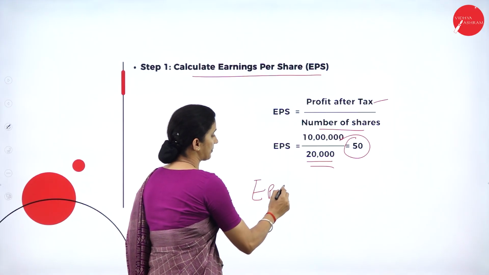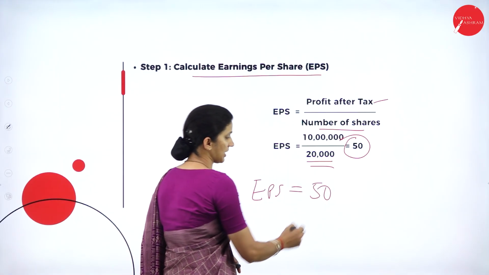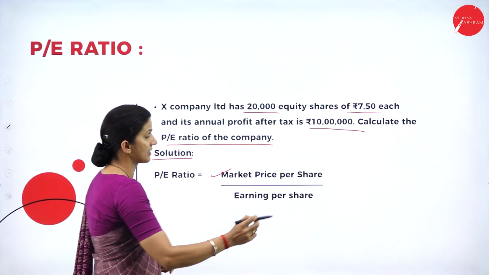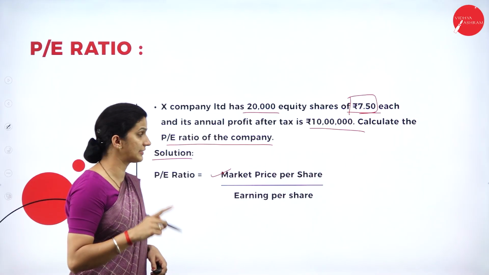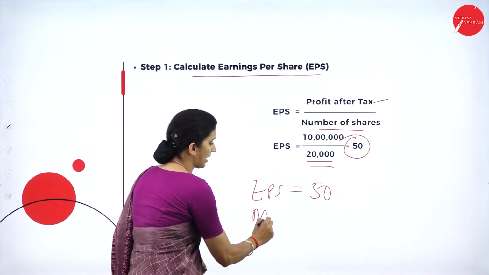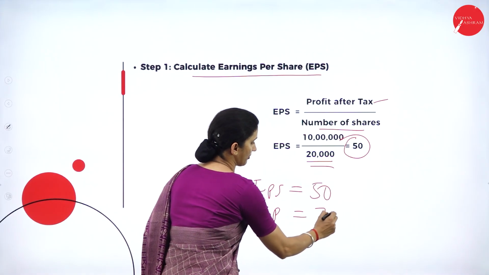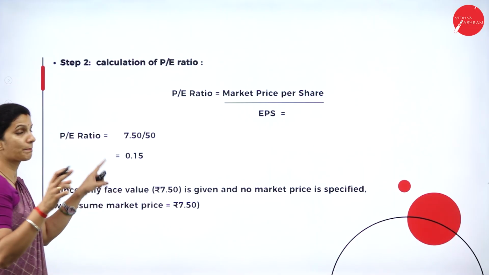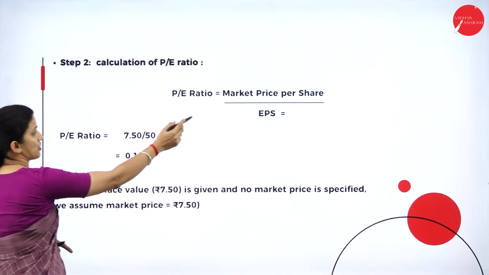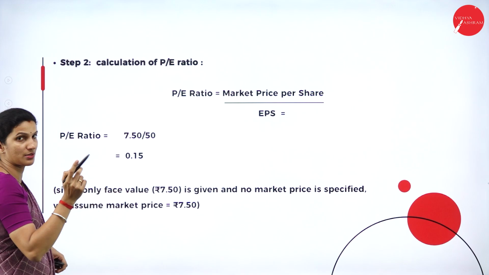So here EPS is 50, and since the market price is not given, the face value itself will be taken as the market price. So the market price of the share is 7.5. Now we can easily calculate the PE ratio. The PE ratio is equal to market price divided by EPS.